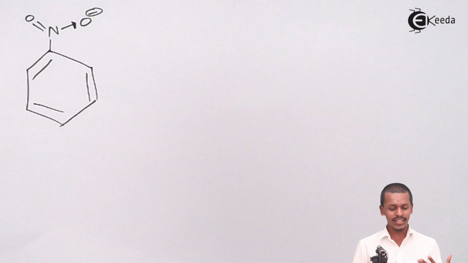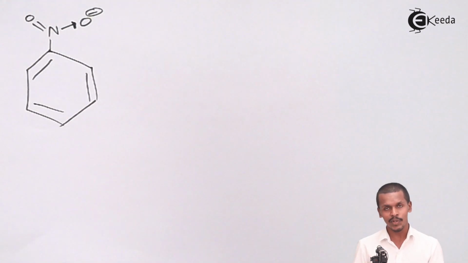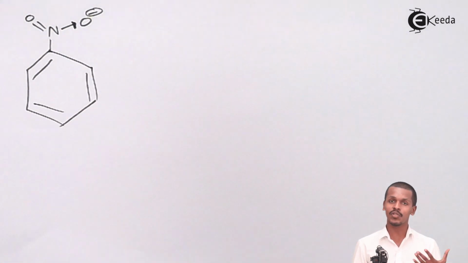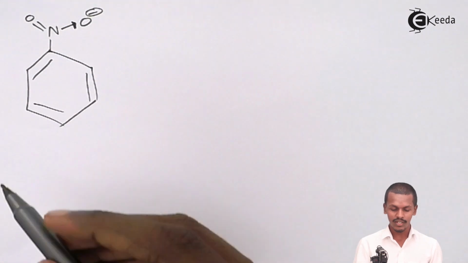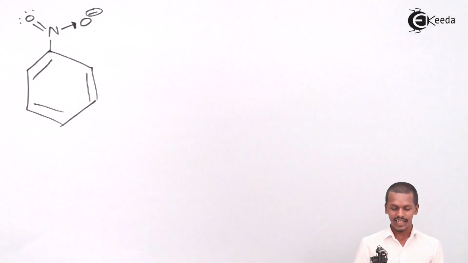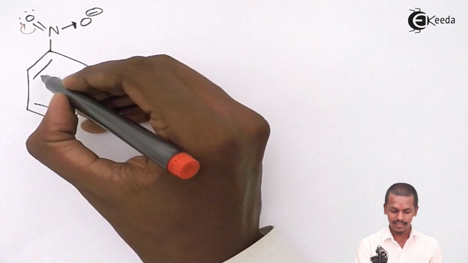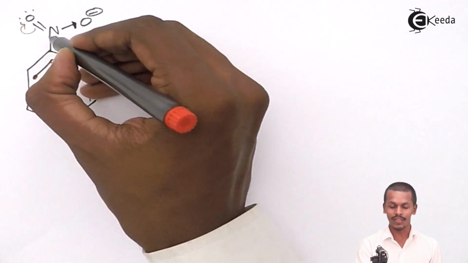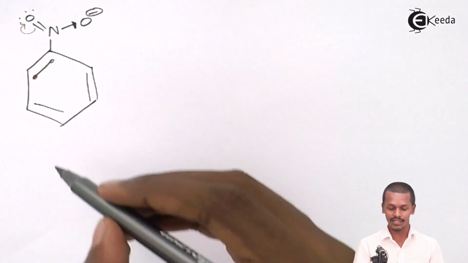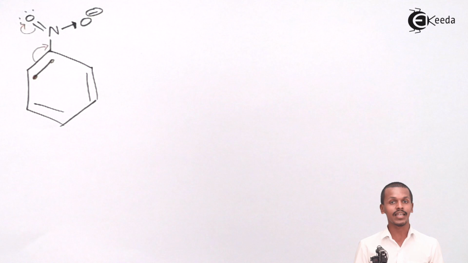Even here we could see that resonance is possible because of the pi electrons present over here. Suppose the shifting of electrons takes place over here, then these electrons would also shift between nitrogen and this carbon atom, so here we could see a carbon-carbon double bond.